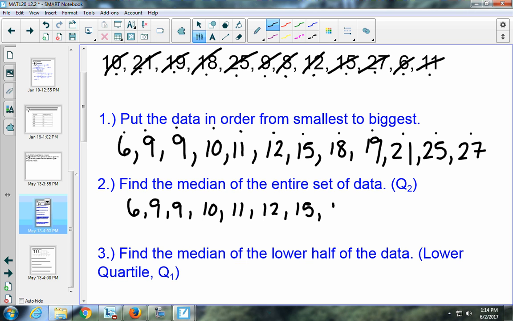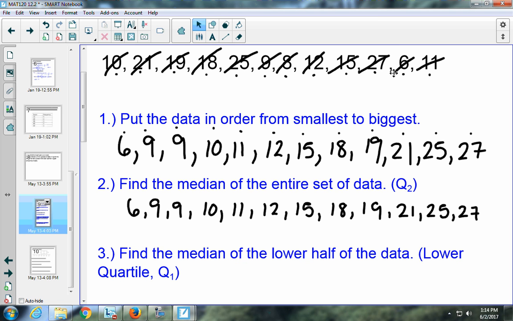We always build a box and whisker plot by finding medians of the data set. Remember, to find the median, I want the number in the middle. So I cross out my smallest and largest, again and again. Now, we have 2 numbers in the middle of the data set.